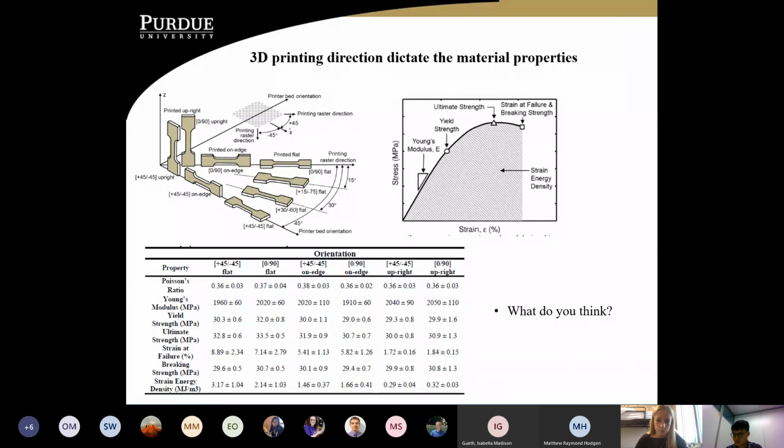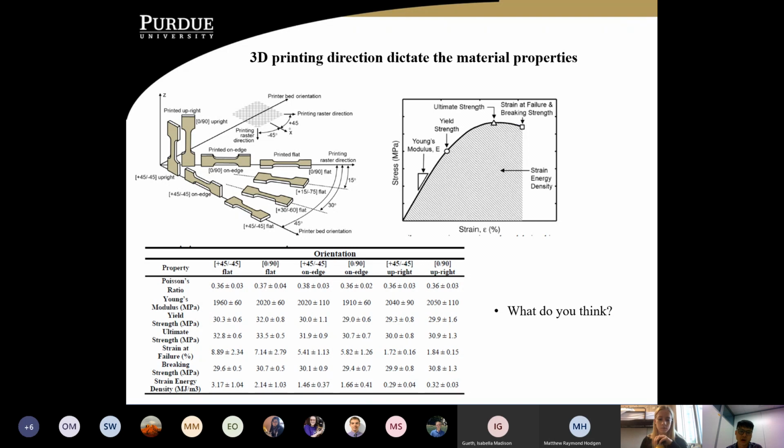For the majority of cases, this is a prototype, so you will not use it as your final real application, so it doesn't really matter. But one thing to note is that if you're using this as a test to show which material you're comparing, it really matters how the nozzle printed it, so the final strengths matter.